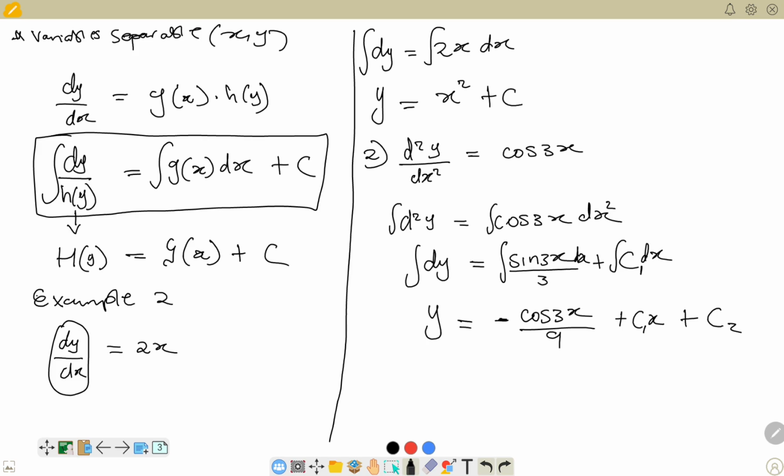Of course, these constants are your choice. You can call them a and b, just to show that it is not the same constant as before. So okay, I think that this is good enough. This is the general solution.